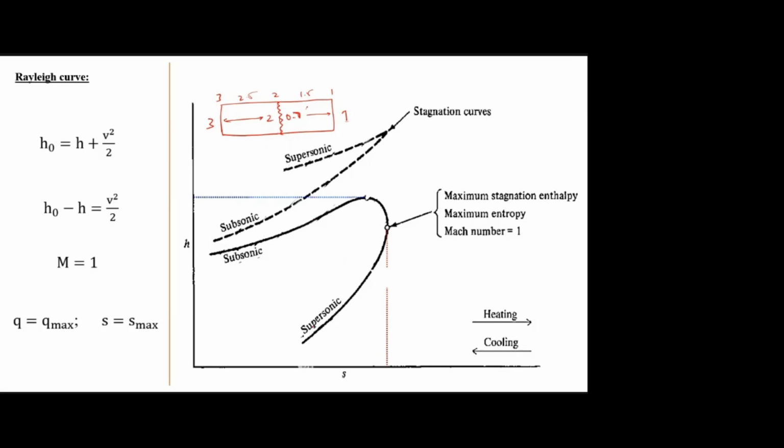See, assume my Mach number 3 point is here. Then due to the heat addition, my Mach number is reduced to Mach number 2. This is clear, right? Yes. Then there is a normal shock which converts Mach number 2 to 0.7. Then for the 0.7, I should mark along the subsonic line.